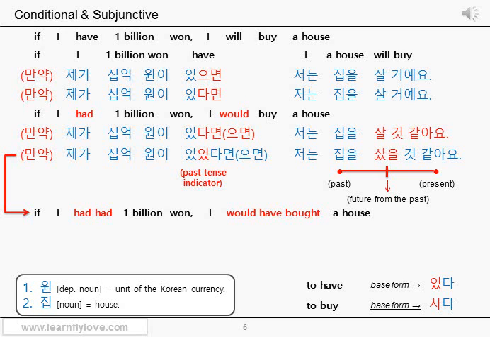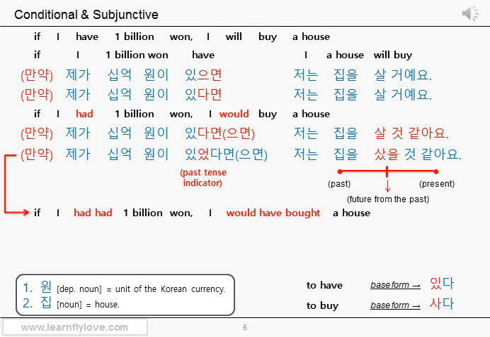If I had had a billion won, I would have bought a house, which indicates the past tense. 만약 제가 10억 원이 있었다면 저는 집을 샀을 것 같아요. And we can know the speaker didn't buy the house because he or she didn't have that money in the past. It's clear enough, right?